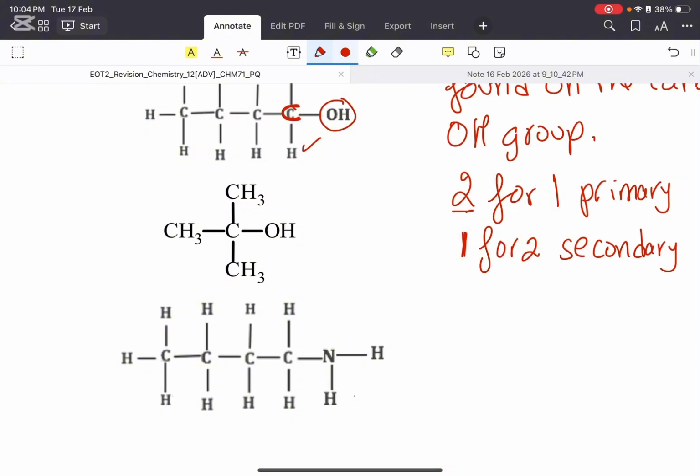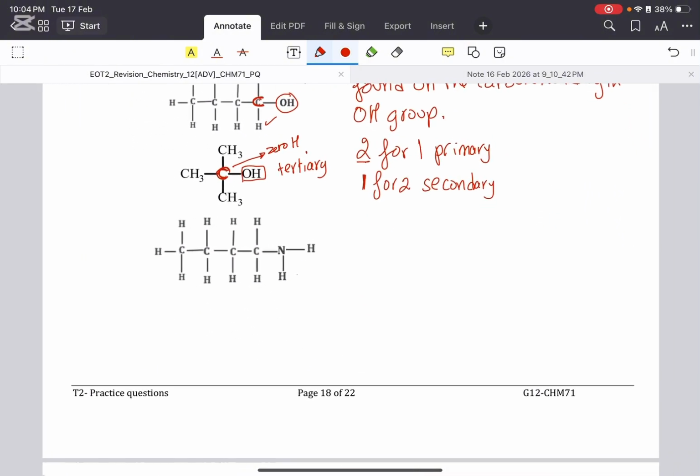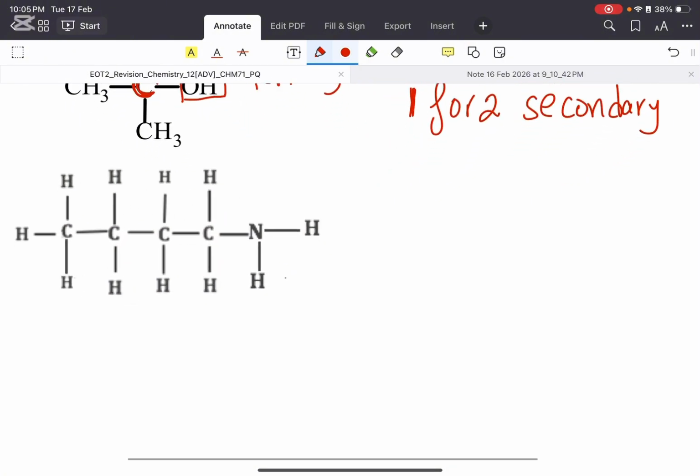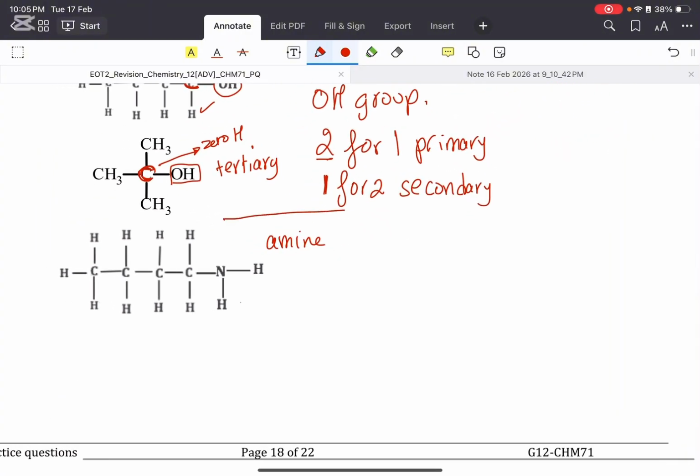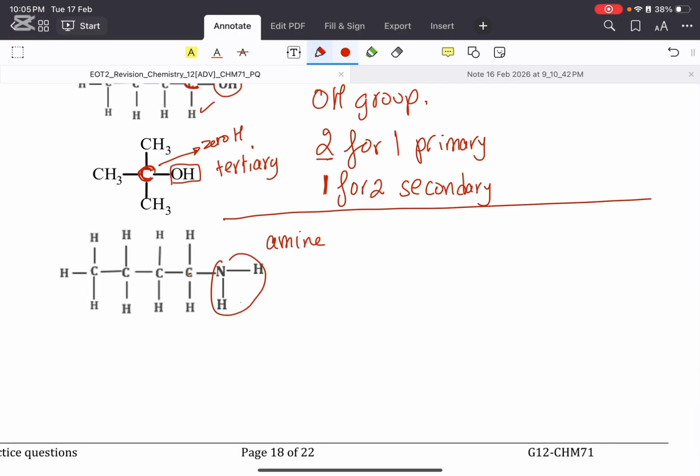Now let's look at this one. Here's the OH group and here's the carbon holding it. How many hydrogens on this one? 0 hydrogens. So this one is a tertiary. Now, this one is not an alcohol. That's an amine. For amines, we can also classify them by counting the hydrogens, this time on the nitrogen, not the carbon.